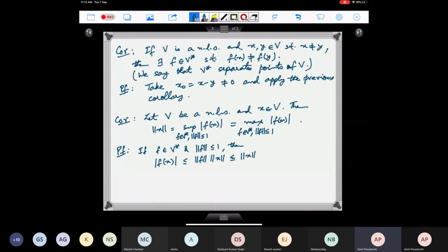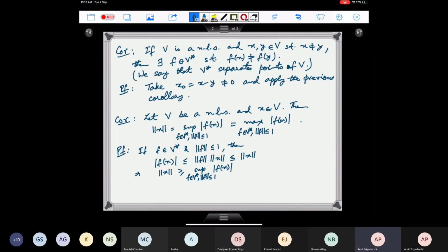So for every f with norm f less than or equal to 1, norm of x is bigger than or equal to mod fx. So this implies that norm x is bigger than or equal to the supremum of mod fx, where f belongs to V star and norm f is less than or equal to 1.